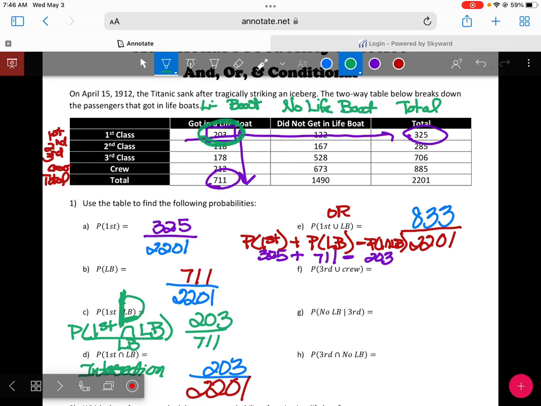Correct. Because they were in the group of first class and they were in the group of the lifeboats, and we don't want to count them twice. So that's why I subtract. And if you add 325 plus 711 and subtract 203, that's how we get 833. Okay? All right.